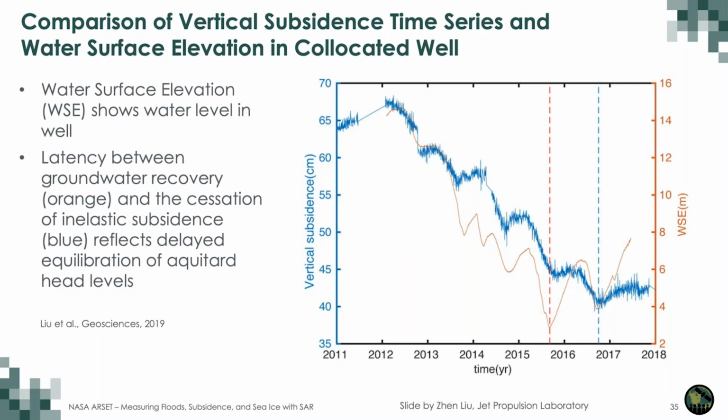And we noticed that the groundwater elevation minimum was in 2015 or late 2015, but the surface elevation change actually had a minimum almost a year later, and that indicates that there's likely a latency or a lag as the deeper groundwater layers can take maybe a year for the water to reach those deeper levels.